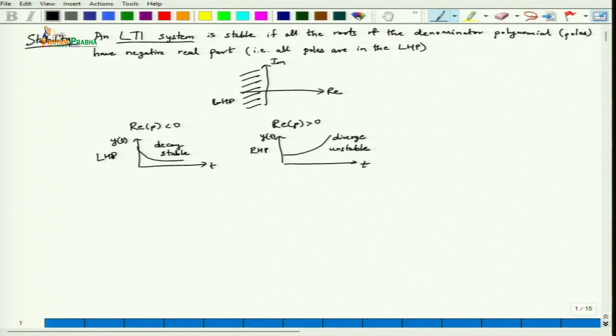In general, for any system, the stability can be defined using the concept of BIBO stability. So what does BIBO stability mean? It means for every bounded input you should get a bounded output.